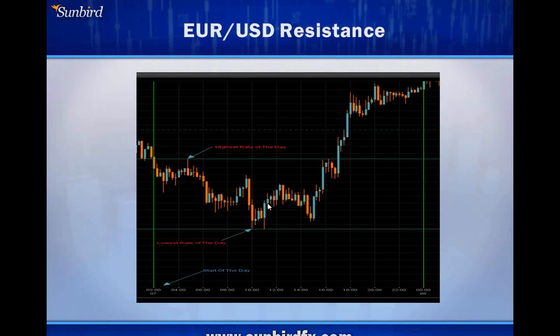As you can see here, I put my highest and my lowest, all right, and it broke at the resistance. As you can see here, it broke and it started going up. All right, so it depends on how many lots that you opened. One way or another, you made a very, very decent amount of pips.